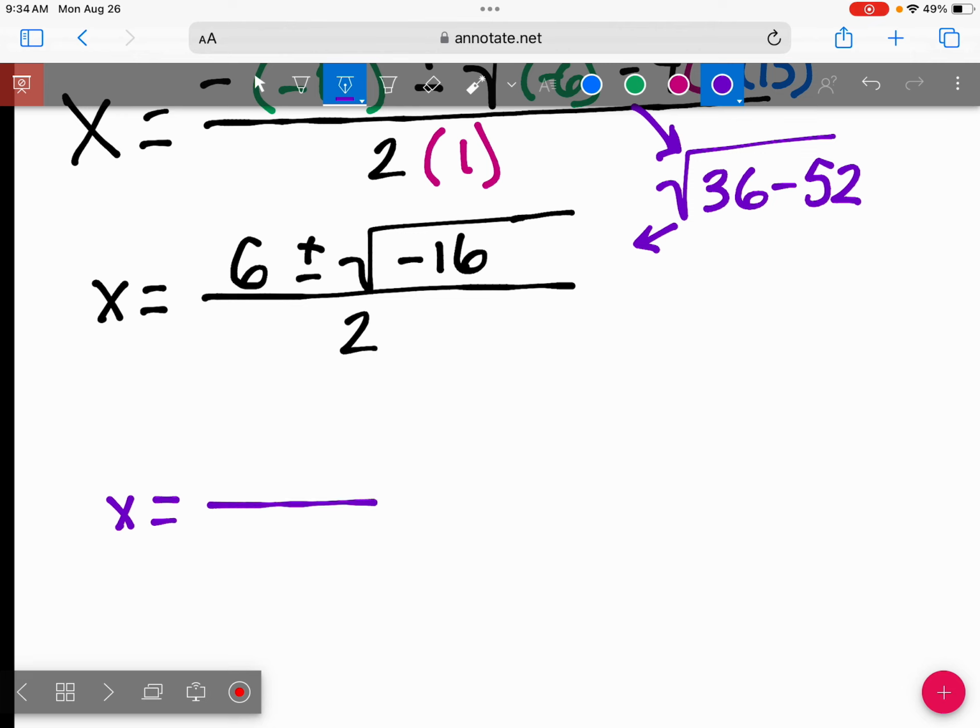So let's simplify this. This now looks just like the ones we did at the start of today. 6 plus or minus 4i. We can simplify this one. Y'all, I need the chitter chatter to die down.